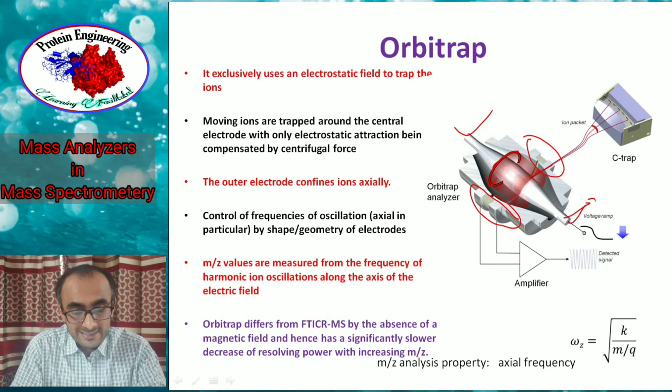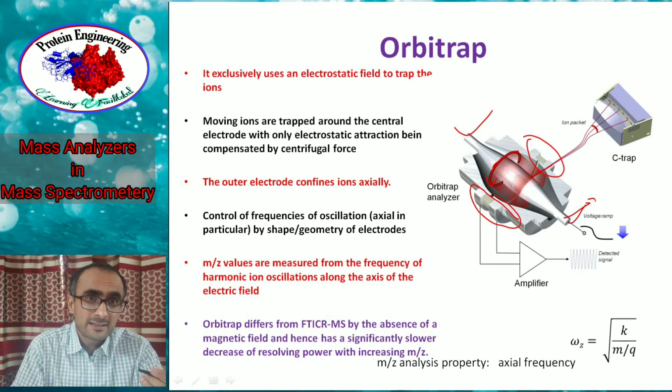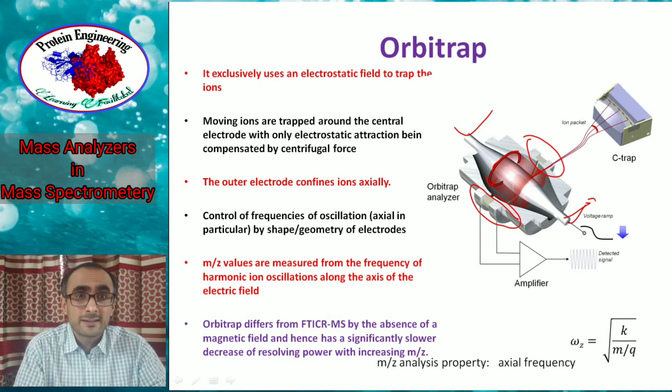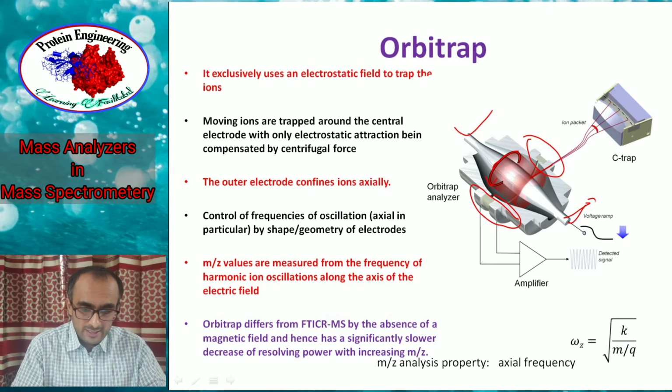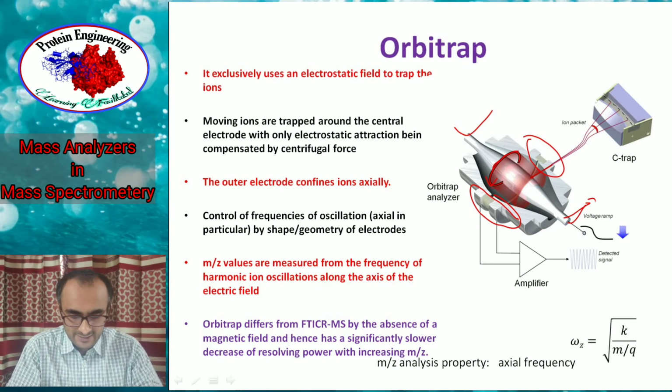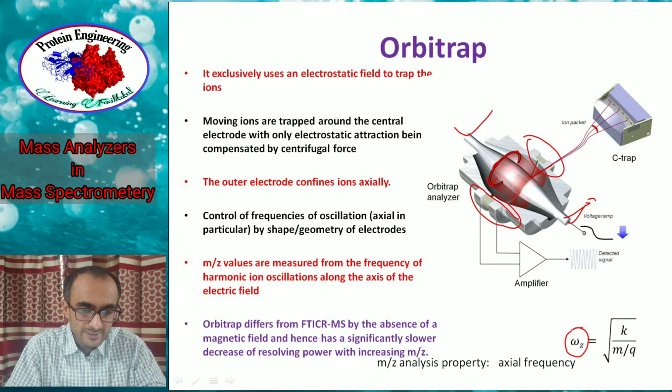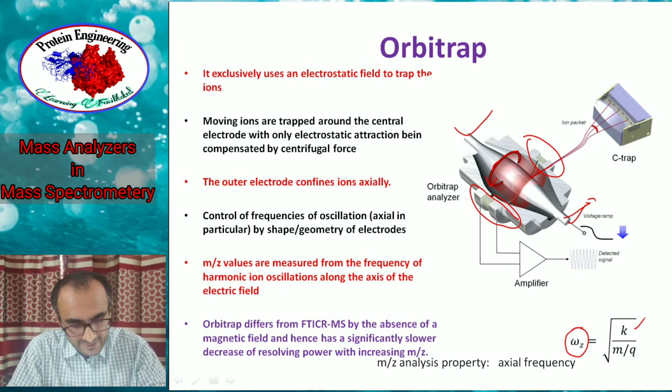The detection of these ions occurs the same way as it is done in FTICR. First, transient data is observed. That transient time-based data is converted eventually into m/z data using Fourier transformation. And the axial frequency of these ions when they are circulating around the central electrode is equal to the square root of k, where k is a constant based on the machine, divided by m/q or m/z.